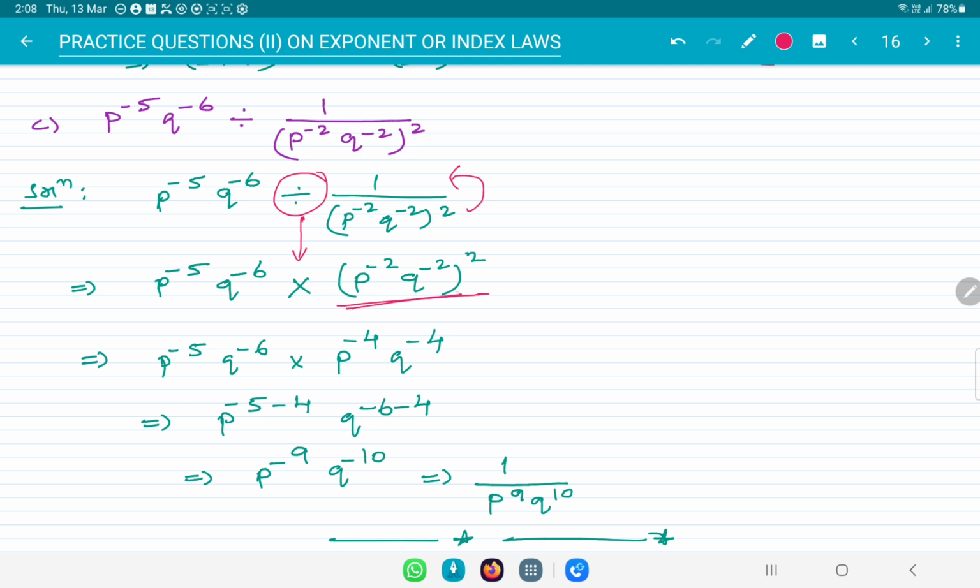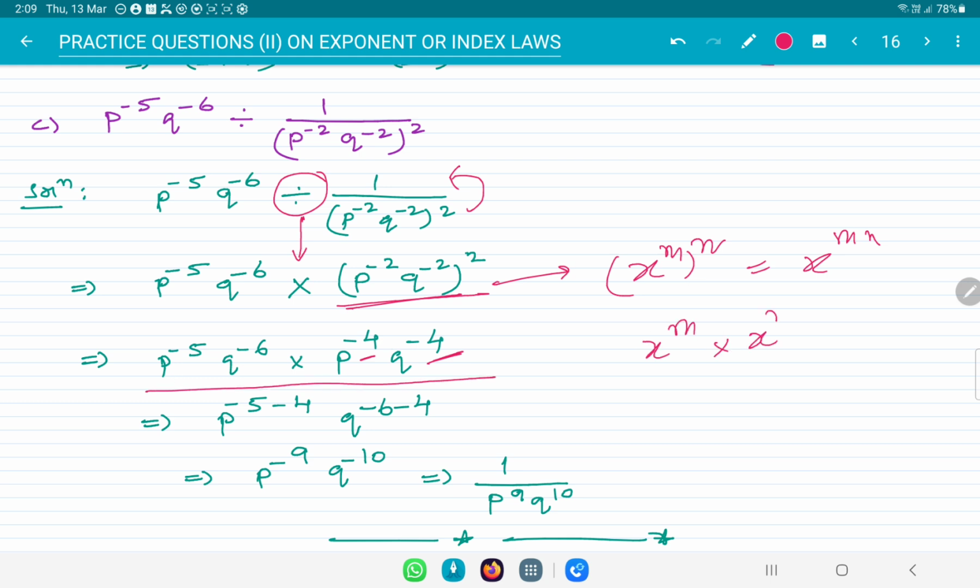Now multiply it. So which formula are we using? We are using x raised to the power m whole raised to the power n is x raised to the power mn. So p raised to the power minus 4 and q raised to the power minus 4. Now which formula are we using? x raised to the power m multiplied by x raised to the power n is x raised to the power m plus n, where x is the base and it is the same for both.